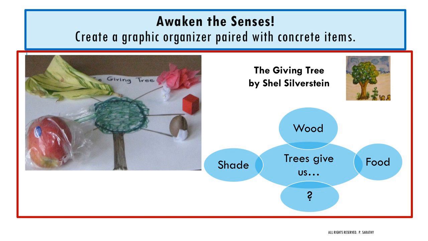And then one student may identify all the things that you get out of the tree, and they may identify fruits and flowers and leaves and seeds and all that.